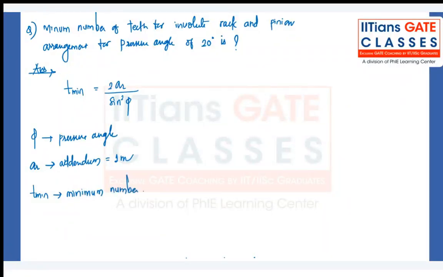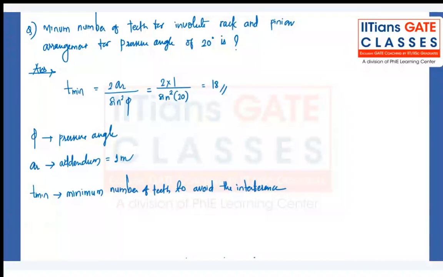Minimum number of teeth to avoid interference. Okay. So 2AR is 1 divided by sin square 20, you'll get 18 as the answer. Okay, 18 is the final answer in this case.